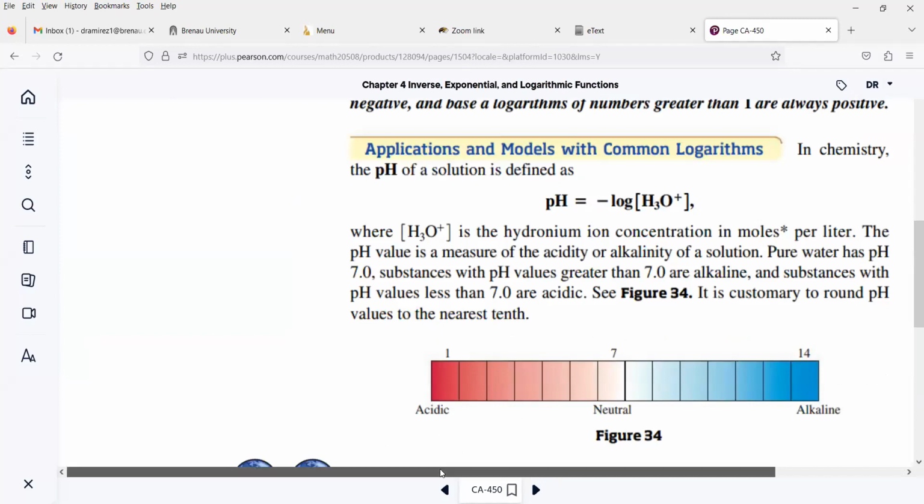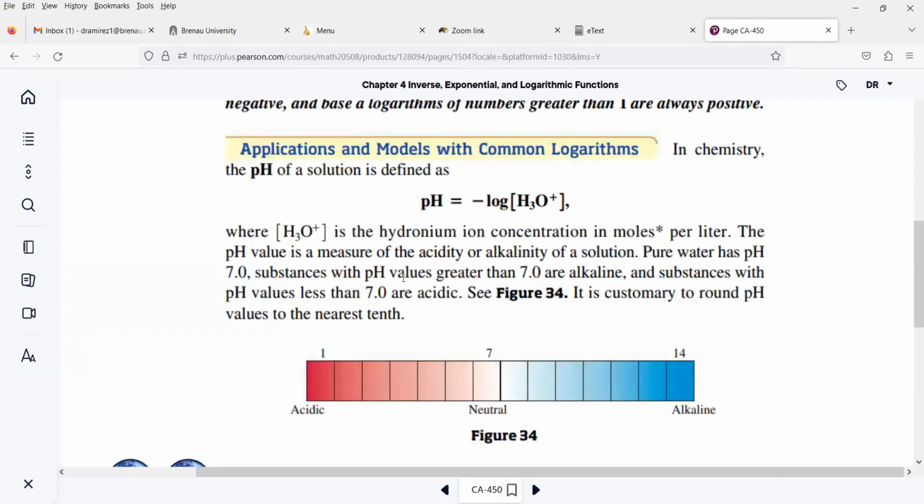In chemistry, the pH of a solution is defined as the opposite of the logarithm of H3O plus, where that value is the hydronium ion concentration in moles per liter. I'm not going over the technical stuff. The pH value is a measure of the acidity or the alkalinity of a solution.